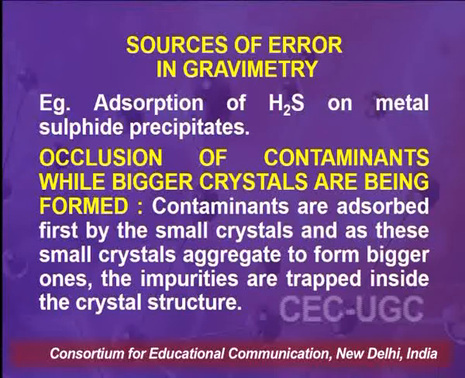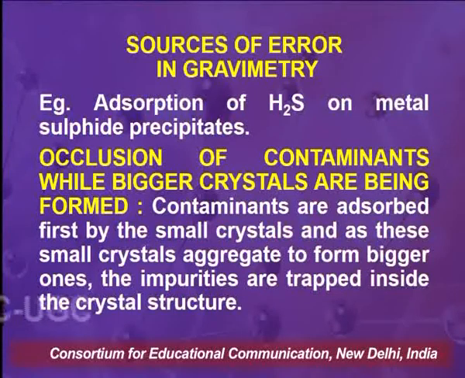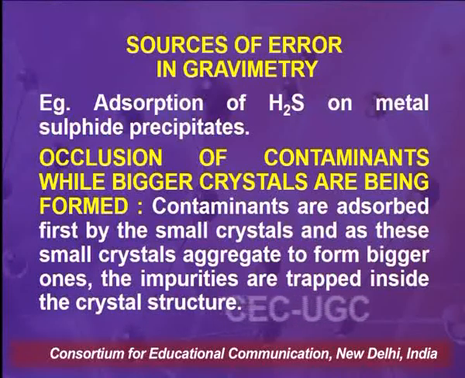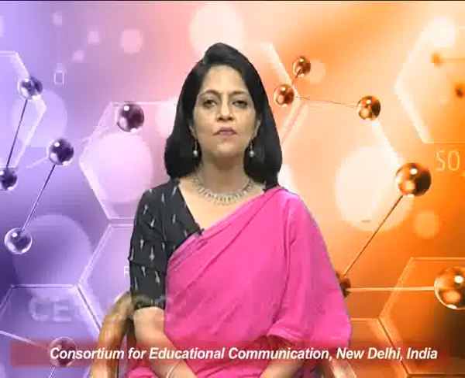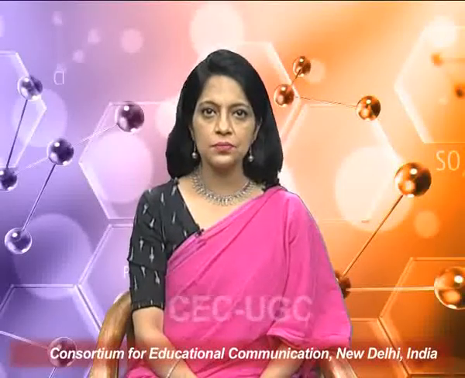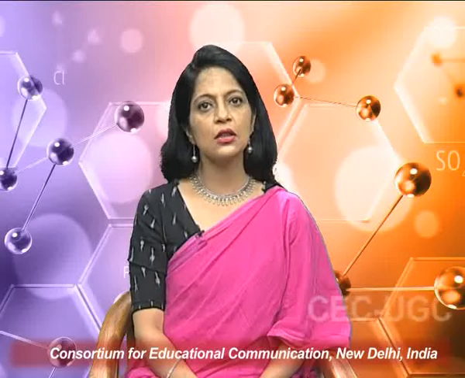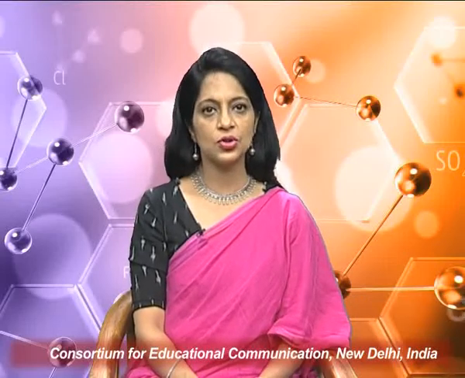That means when the first particle of the precipitate has been formed, H2S tends to get adsorbed on the surface, and when the next particle gets attached to the previous particle, then this H2S molecule gets occluded or entrapped in the required precipitate. This results in the error in gravimetric analysis.